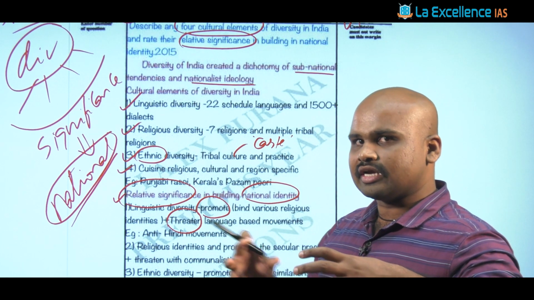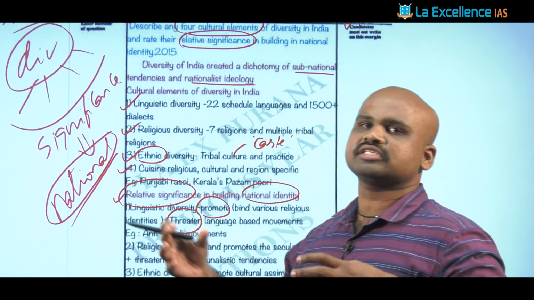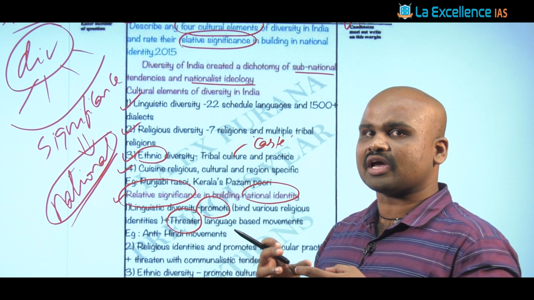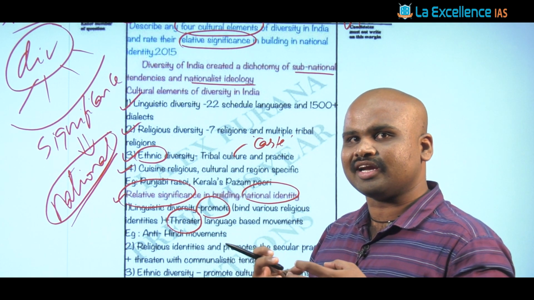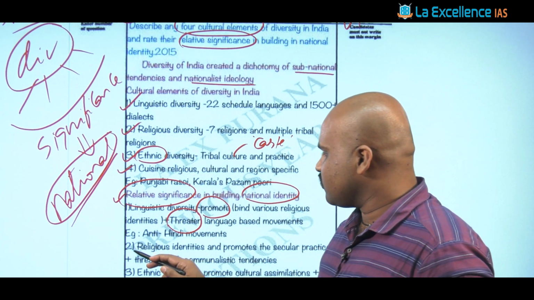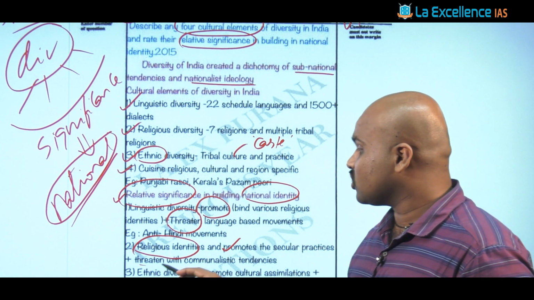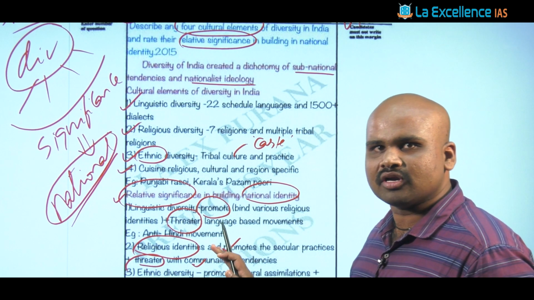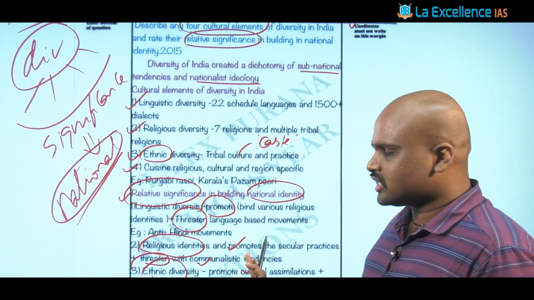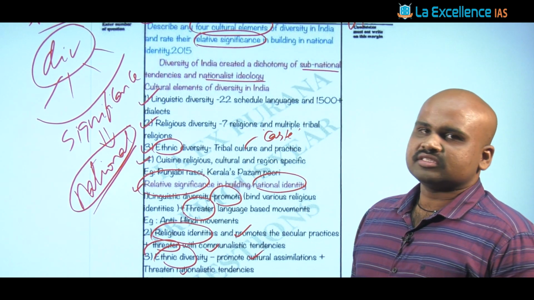It can even create a threatening element with respect to the nationalist identity, for the reason that it can promote sub-nationalist tendencies, maybe based on language, caste, tribal identity, or racial elements. Religious identity can promote secular practices, but can also be threatened by communalistic tendencies. Ethnic diversity can promote cultural assimilation, but it can also promote sub-nationalist tendencies.